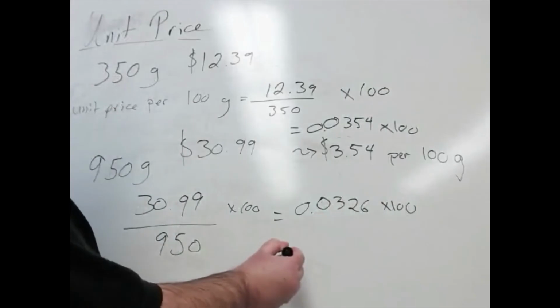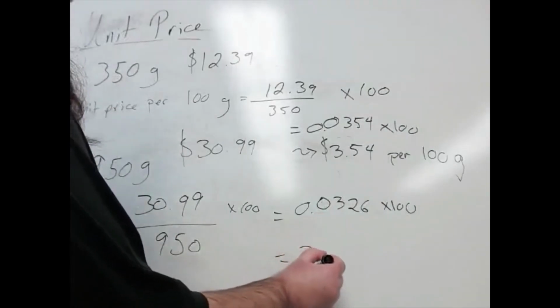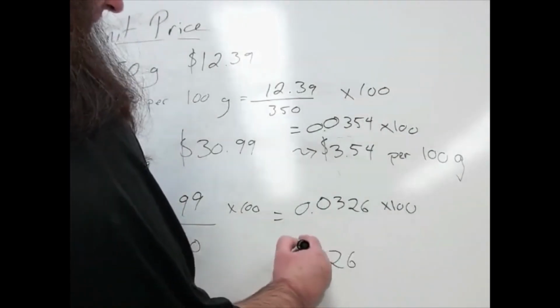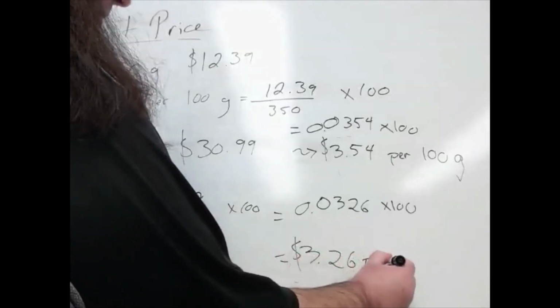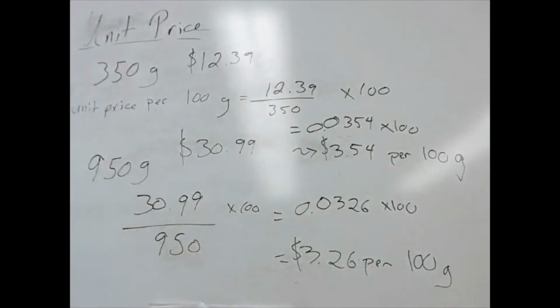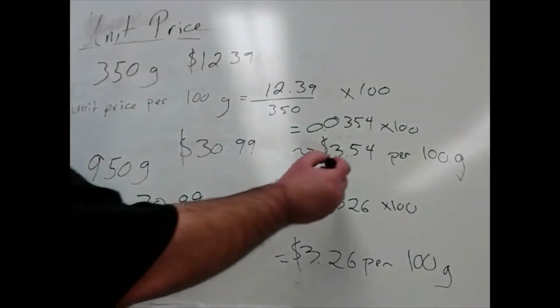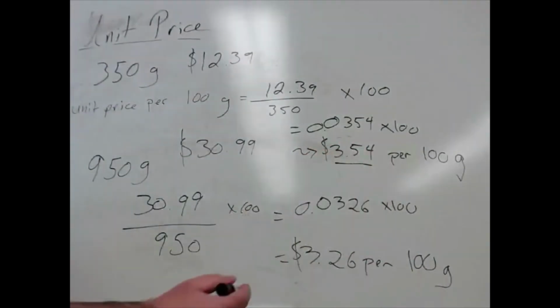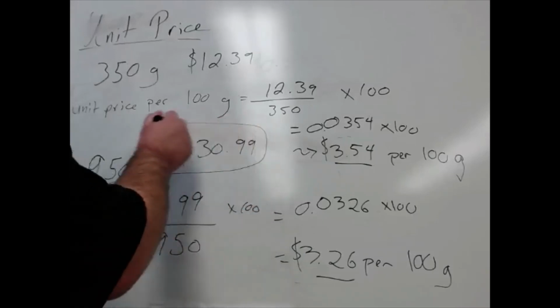That gives me a cost of $3.26 per 100 grams. Comparing these, I've got $3.54 per 100 grams and $3.26 per 100 grams. So my best value ends up being the 950 grams.